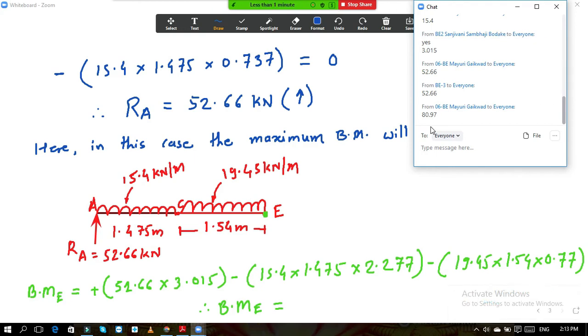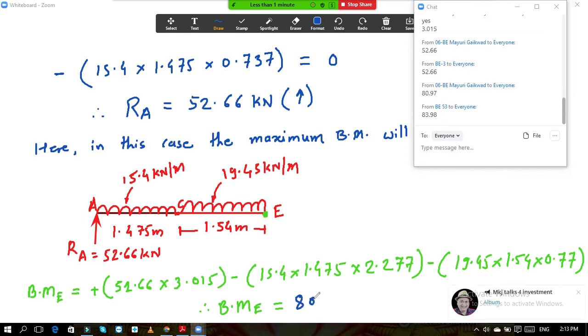Shall I take this as 80.97 then? It is 83.98. So please check the calculations. Whose answer is correct now? Check it once again.